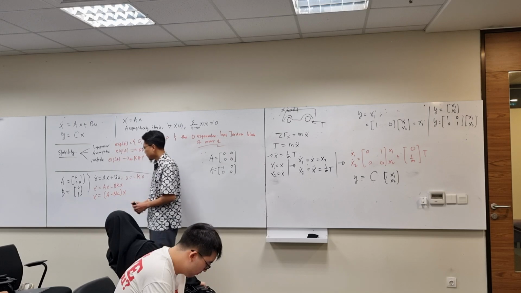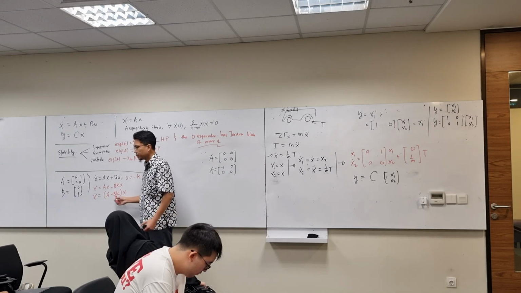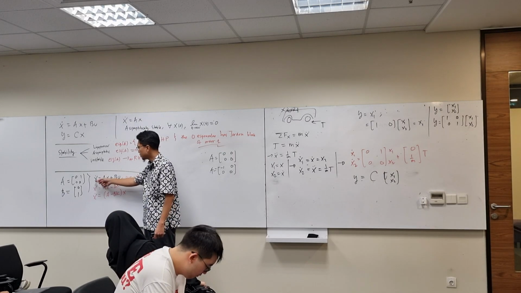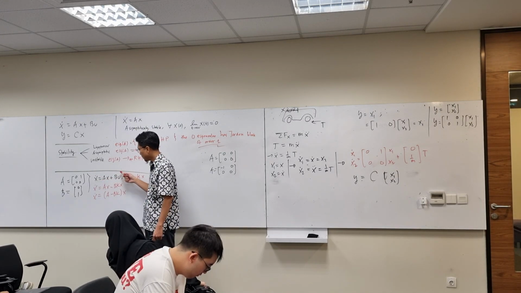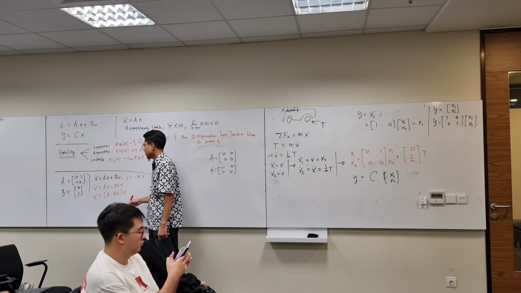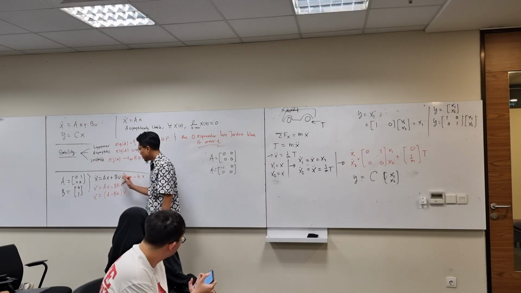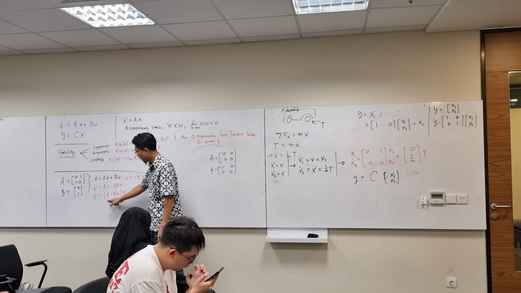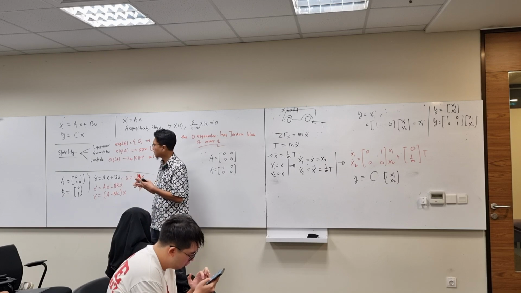This is the closed loop system; before, it was open loop. To stabilize the system using feedback control, we have to make A minus BK stable.